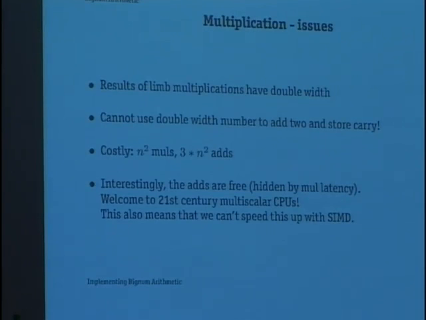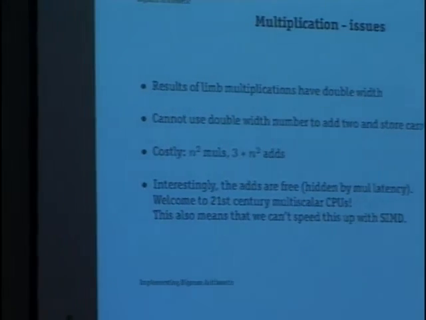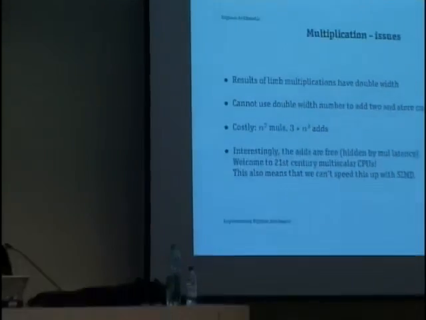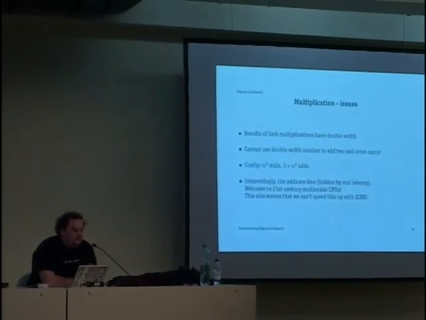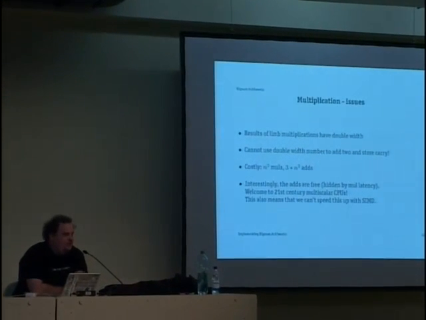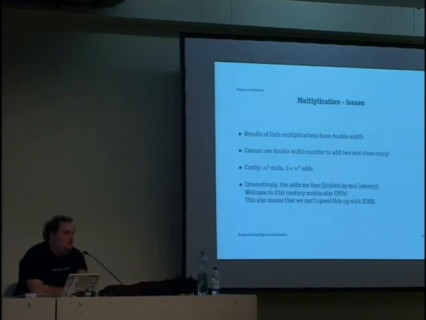Interestingly, if you implement this, it turns out the adds are free, because in the CPU you have pipelined multiplications and superscalar stuff, and during the wait for the multiplication to come back with the result, the adds from the previous round are done. I noticed this when I decided to do the first step, the multiplications, with SIMD instructions, so the vector instructions of modern CPUs, right?